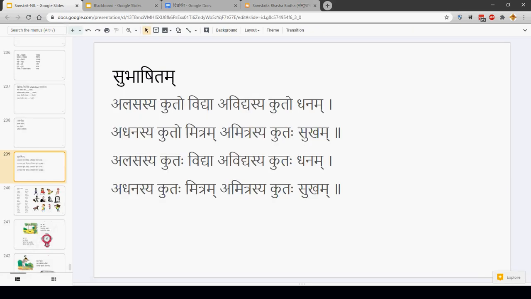Okay, let me explain this Subhashitam anyway quickly. This is interesting. Anybody want to read this? First two lines.